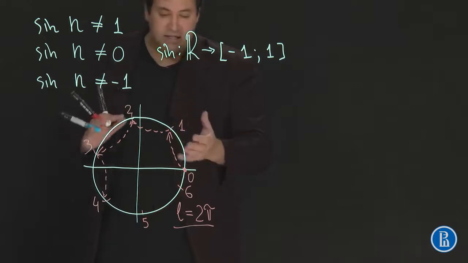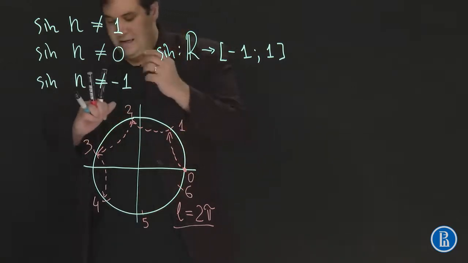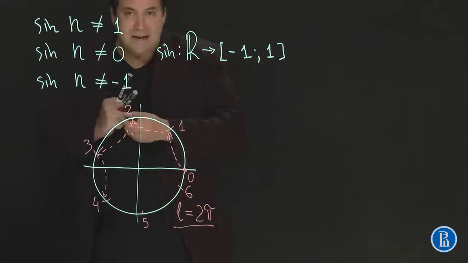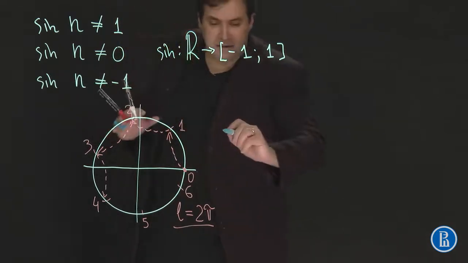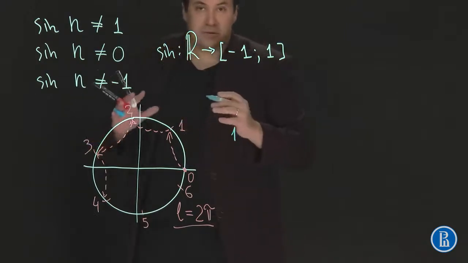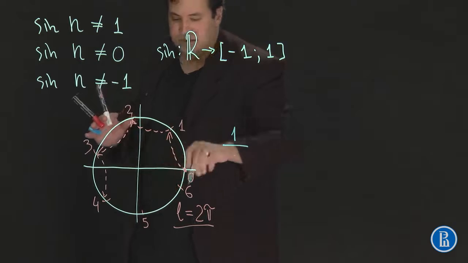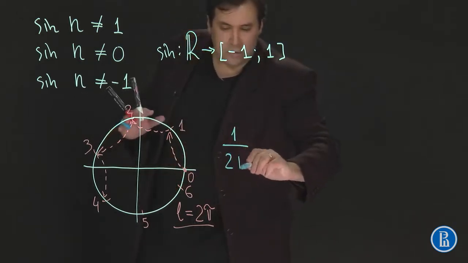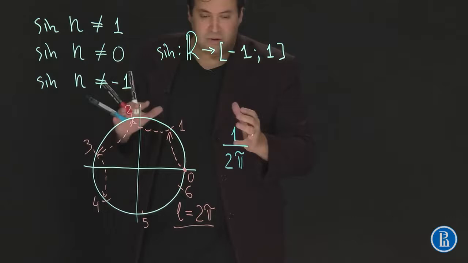And here we have a similar situation. We need to understand that all that matters is the proportion between the length of the step of the grasshopper and the length of the circle itself. So 1 over 2 pi is the proportion between these two lengths.